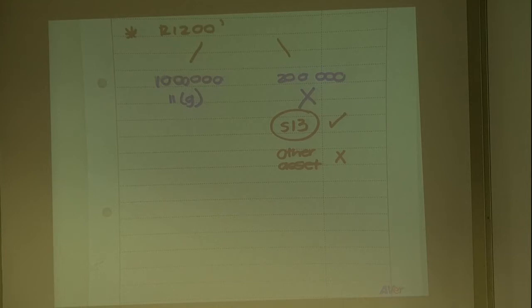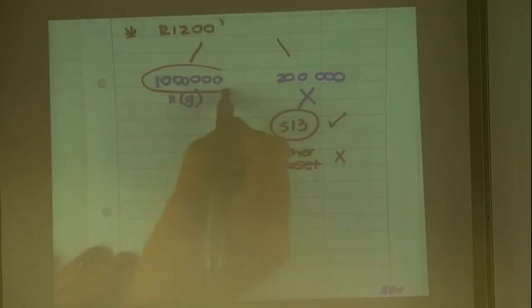Okay, so this is a real exception to the rule kind of part. The general rule is you lose the excess, there's no deduction. Okay, the exception to the rule is if it is a Section 13 asset. Okay, so just remember the excess falls away, there's no deduction. We only claim the value of the contract under 11G.